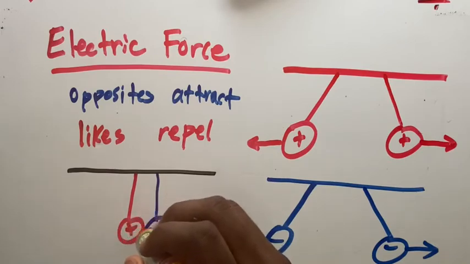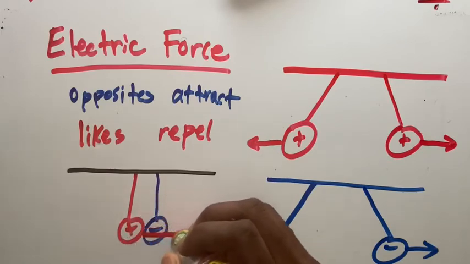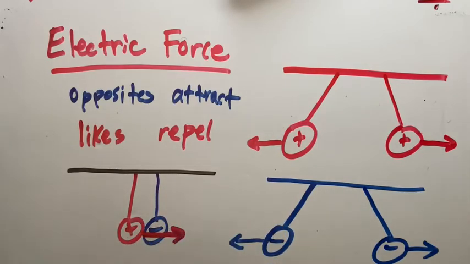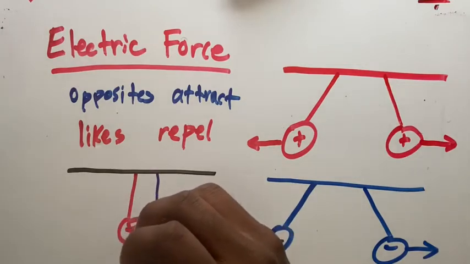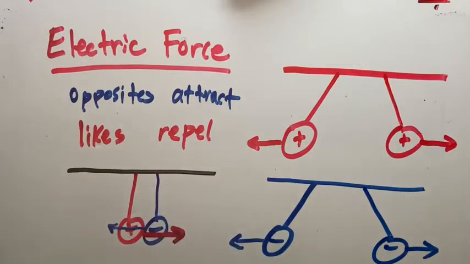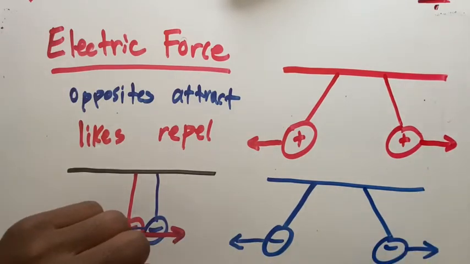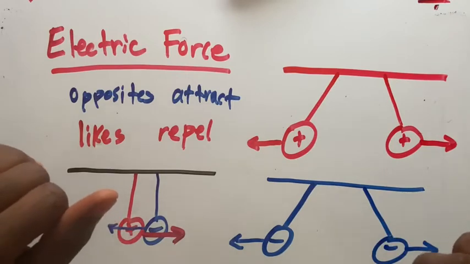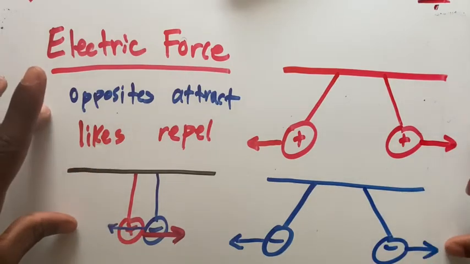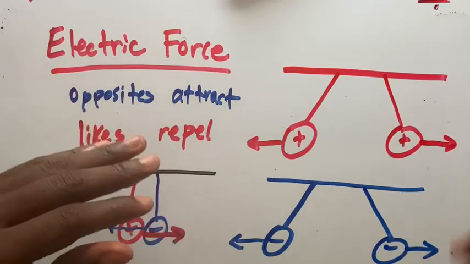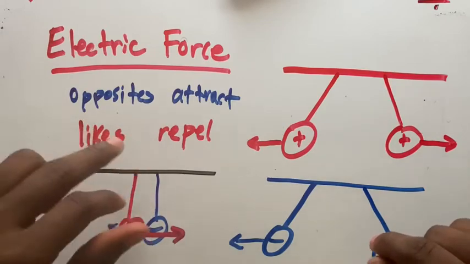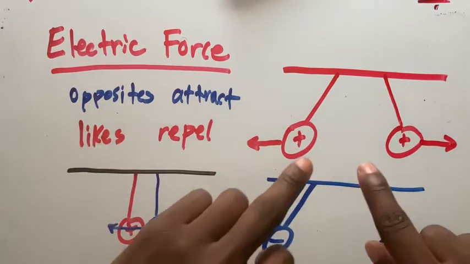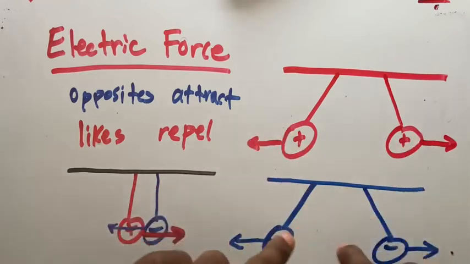So this one is attracted that way. And then this one is attracted that way. Because they're attracted to each other. All right? So I think that all kind of makes sense. I think we've all kind of already have an innate idea in our mind that opposites attract and like charges repel.